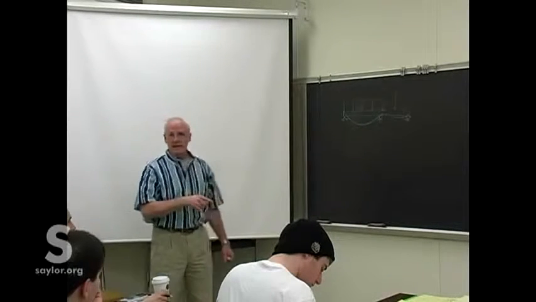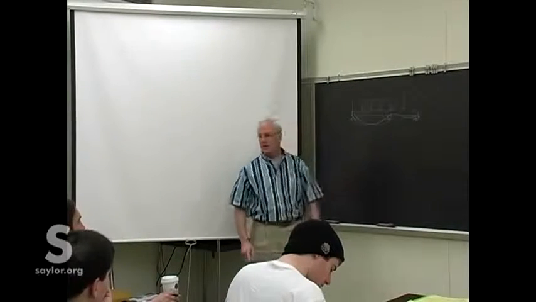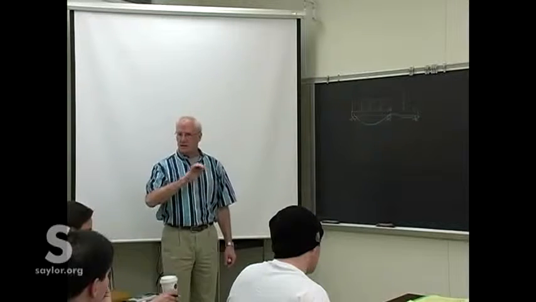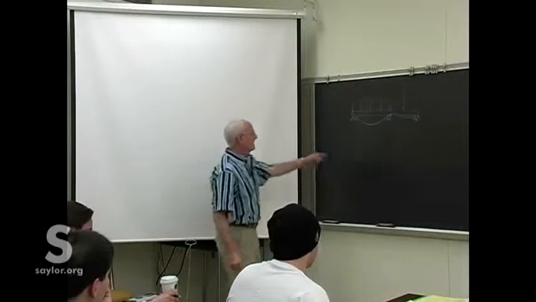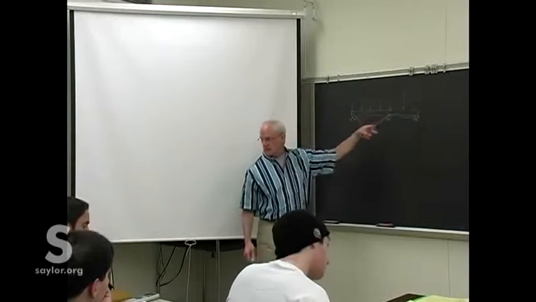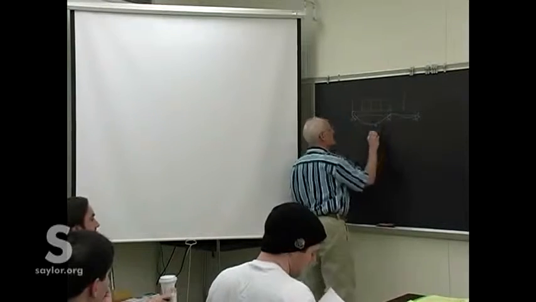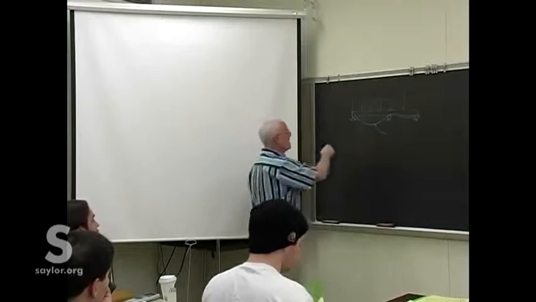Look at the loading, look at the constraints on it, which for the most part are these supports, and see if you can get sort of an eyeball picture of what the beam would look like if greatly exaggerated in its bending.